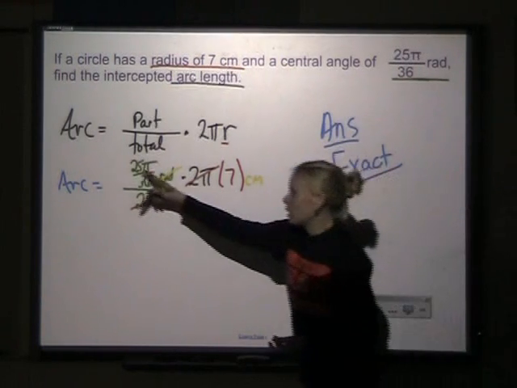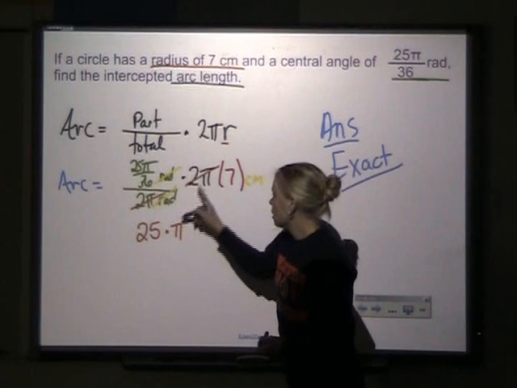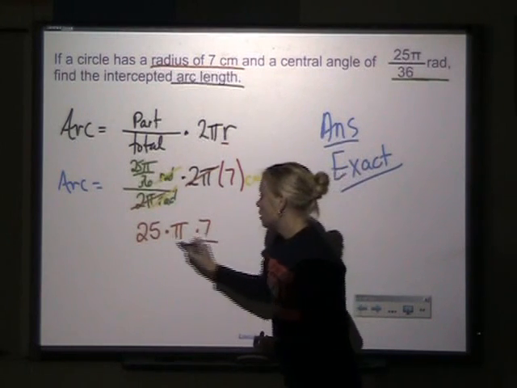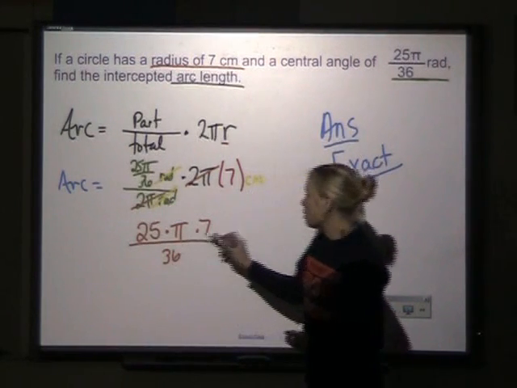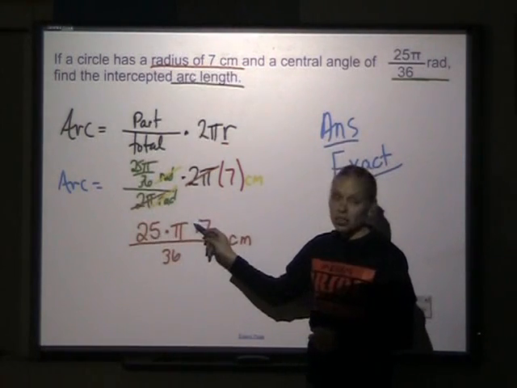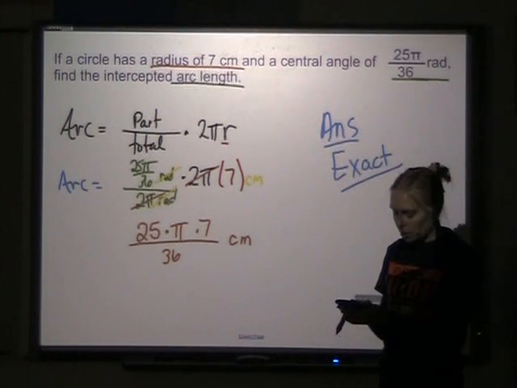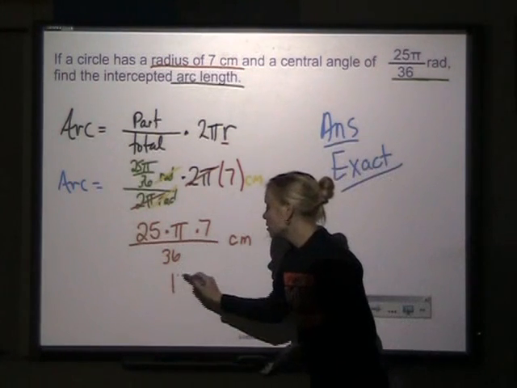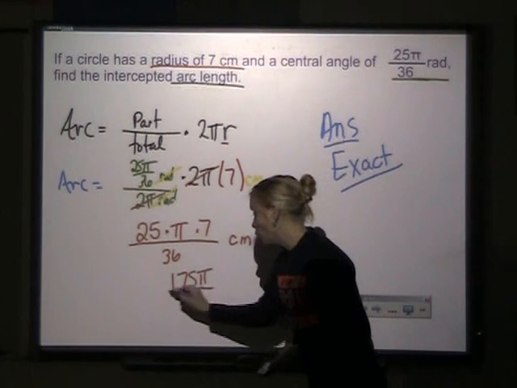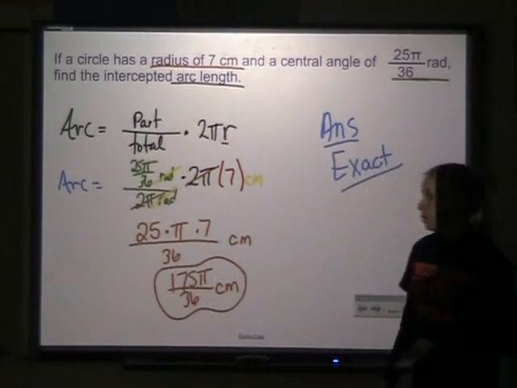So I'm really going to be taking 25 times pi times 7 and dividing it by 36. Now I left it this way on purpose because 36 doesn't go into any of these numbers. So when I go ahead and multiply 25 times 7, I know 175 pi over 36 cannot be simplified, and that would be my answer.